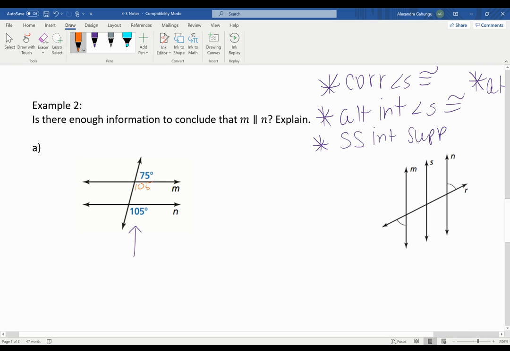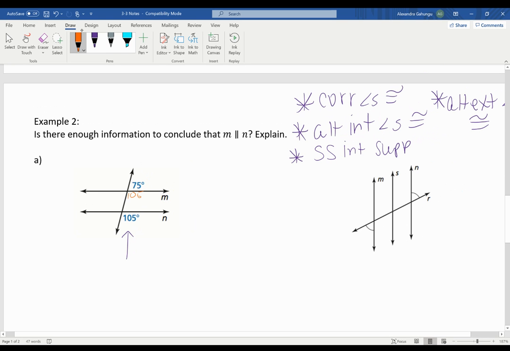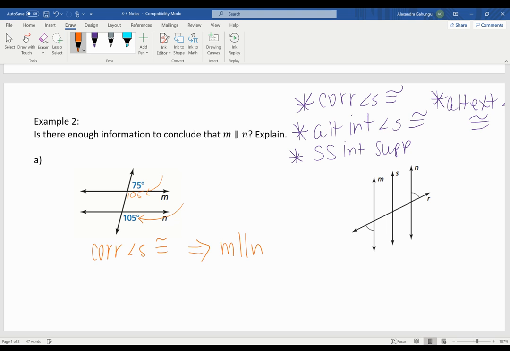And now I'm in the situation where this angle, 105, right here, is actually corresponding to the angle formed by line N. So I do have corresponding angles being congruent. So I can say that M is parallel to N.